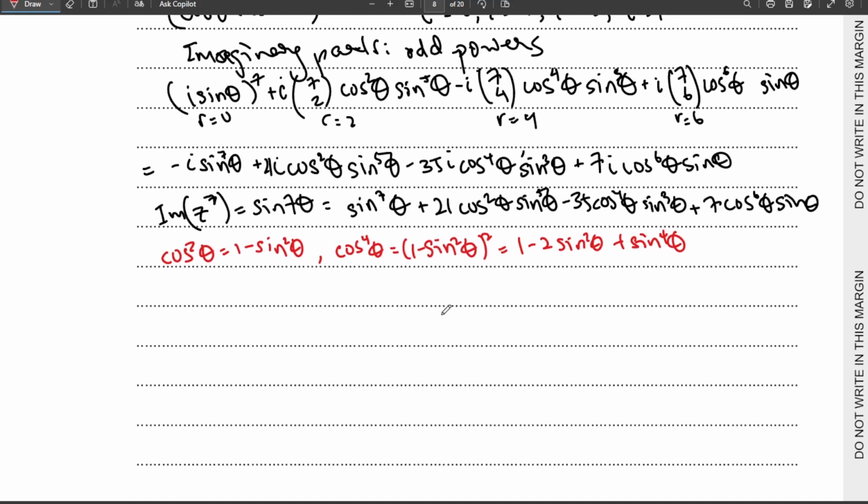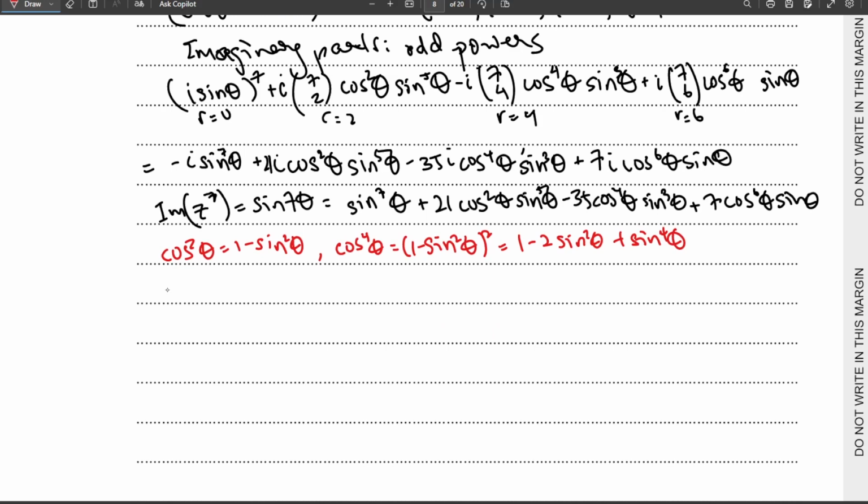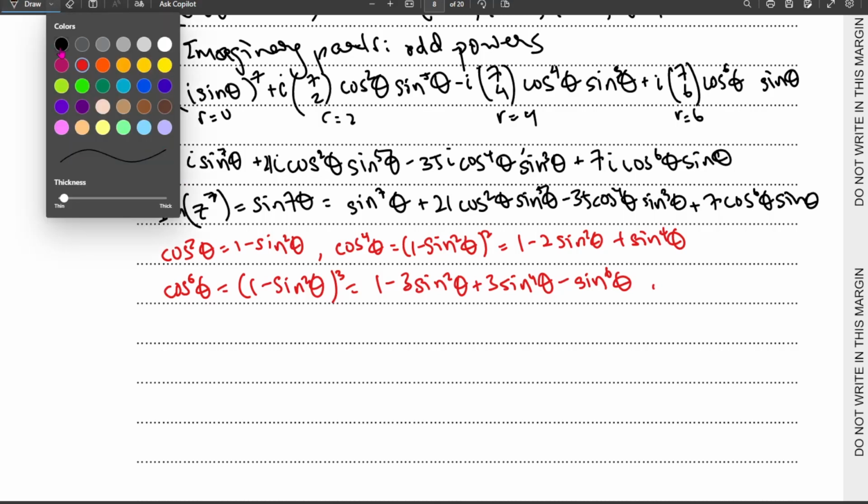Lastly, we have also cosine power 6 to deal with, right? Cosine power 6 will be cosine squared power 3. So we will have this. Okay, now we're going to use all this to substitute back into the equation.